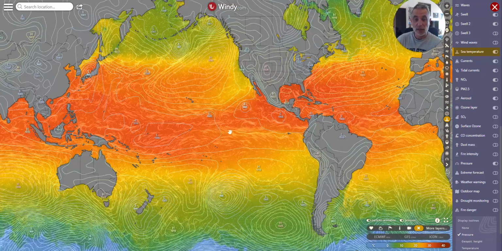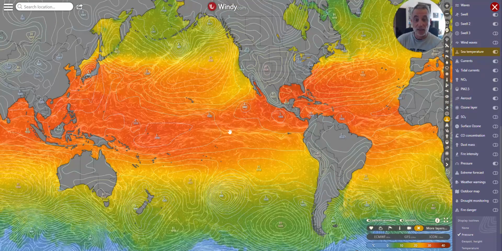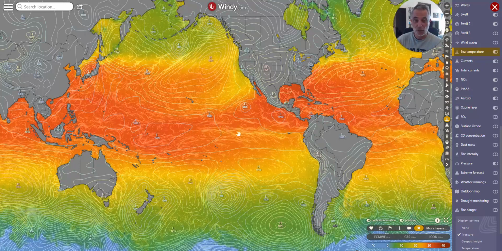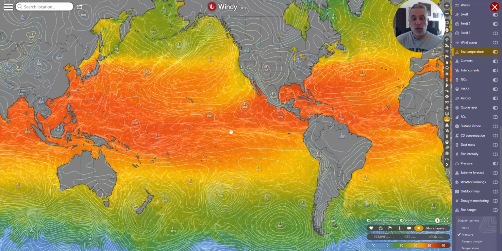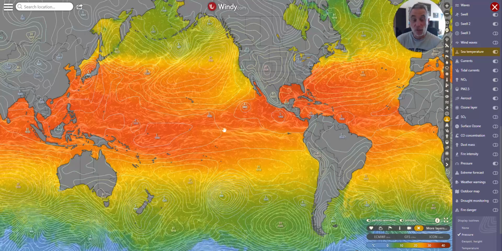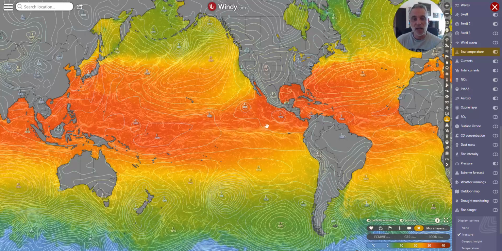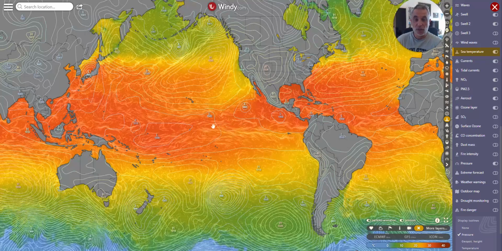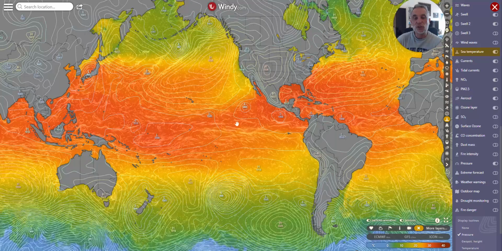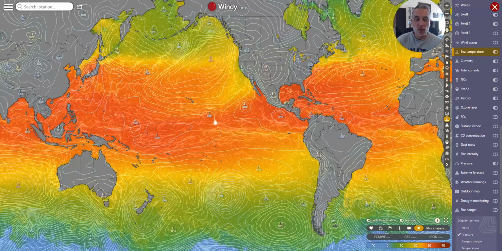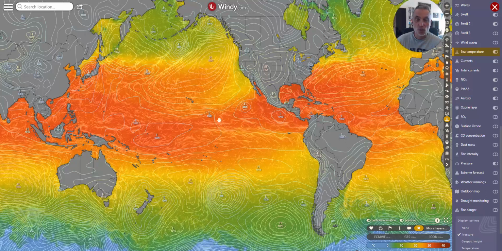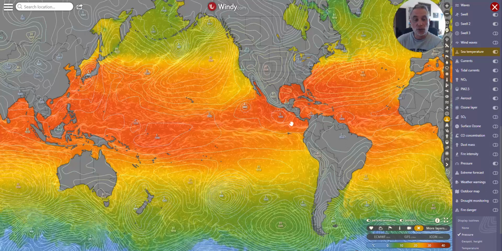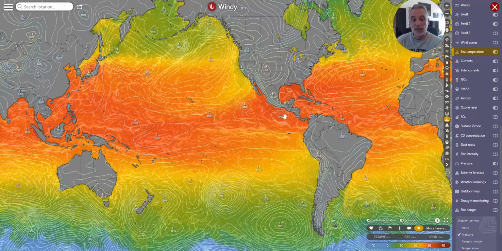And we're also, like I said before, in an El Nino year. We were in La Nina for a few years, and then we started to enter the El Nino phase now, which means that we have abnormally high sea surface temperatures over the eastern Pacific, with a westerly advection of warm sea surface temperatures towards the western coast of South America and of Central America.